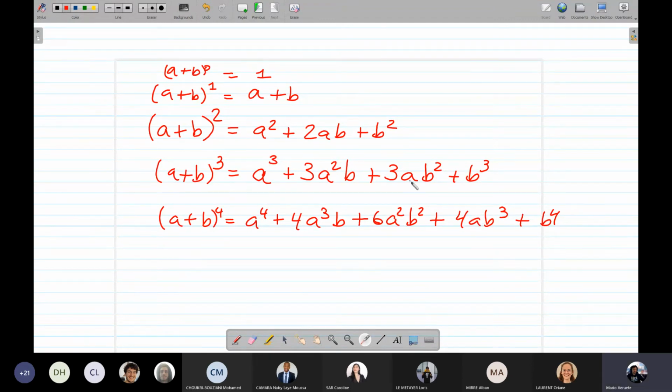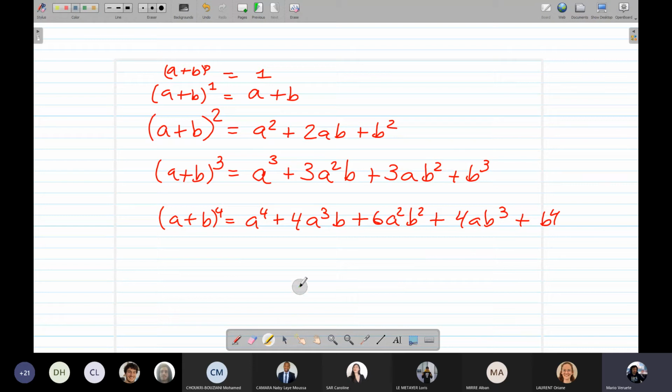So the powers of a are decreasing, starting from n and going down to 0. Now, what happens with b? The powers of b are increasing: 0, 1, 2, 3, 4.